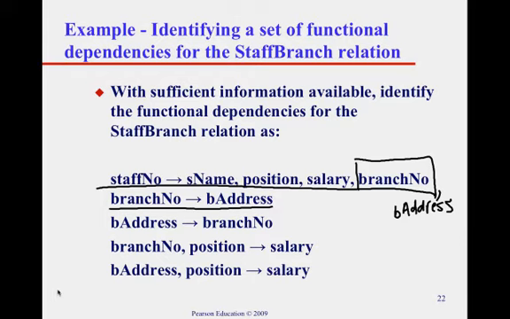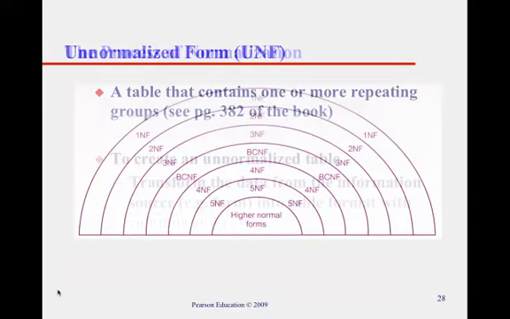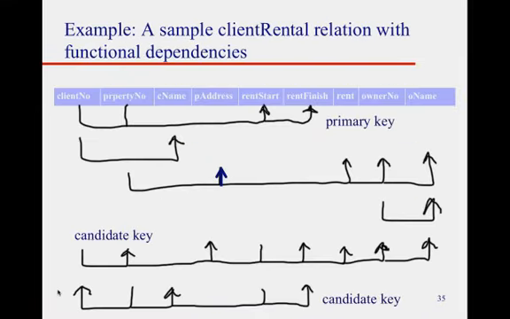Sometimes your primary key does not determine everything, so you're going to have to do more than that. It's not going to get it just through transitive relationships. So in this one, we have what I call a client rental relation.